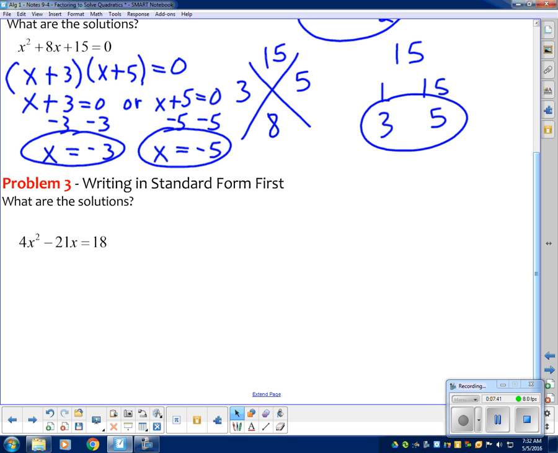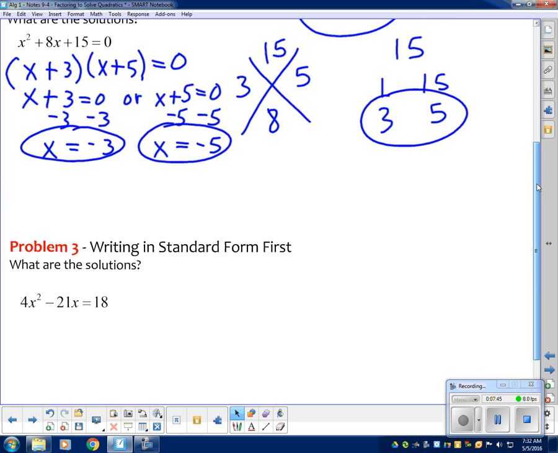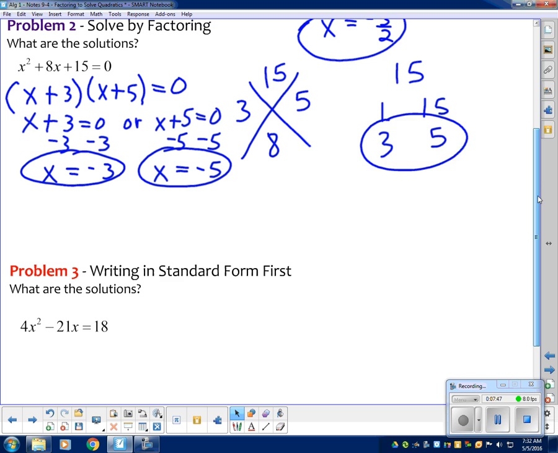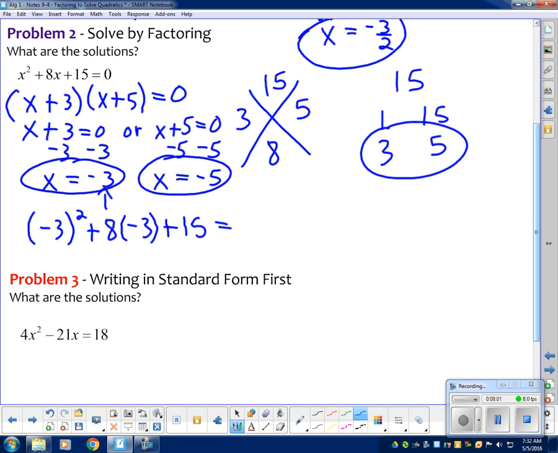As a matter of fact, it might be helpful to see that we can check these in here. Let me move that back up. It says x squared plus 8x plus 15 equals 0. If this truly is a solution right here at negative 3, I should be able to take negative 3, plug it in for x, so negative 3 squared plus 8 times negative 3 plus 15 should equal 0.